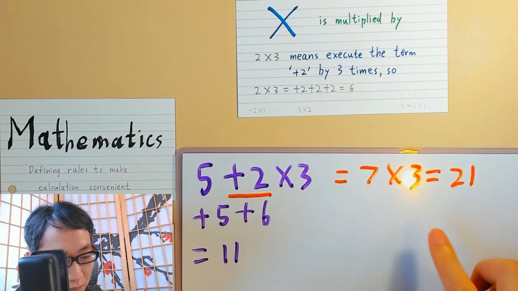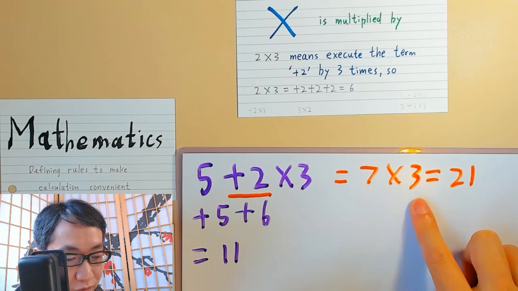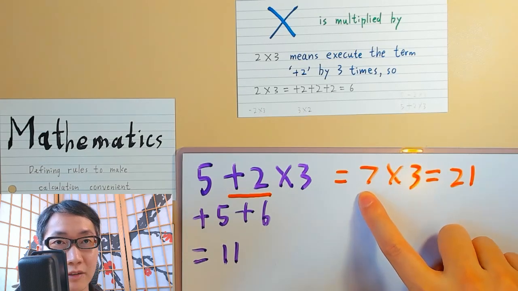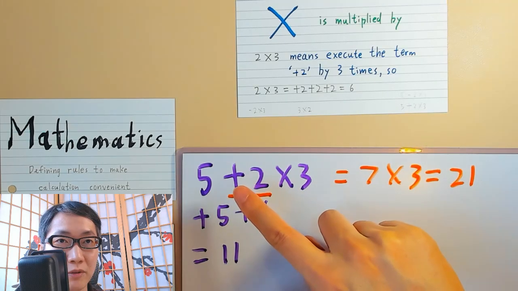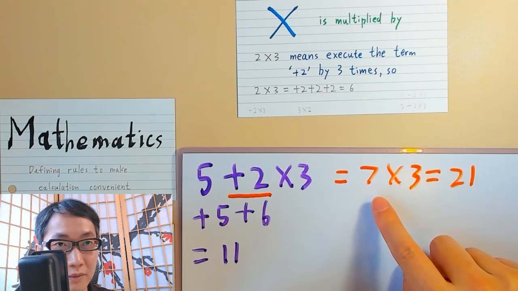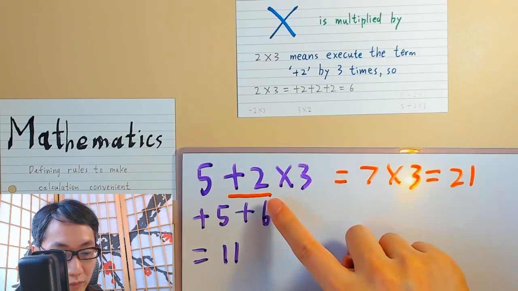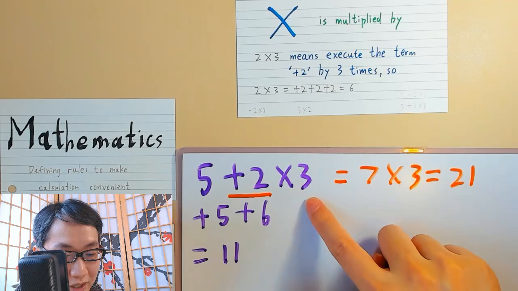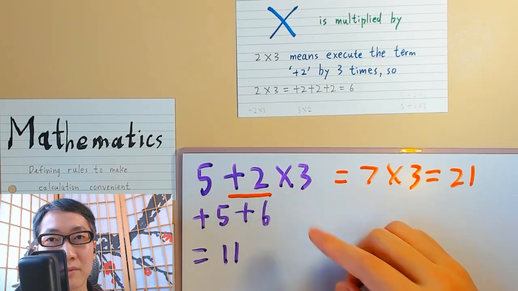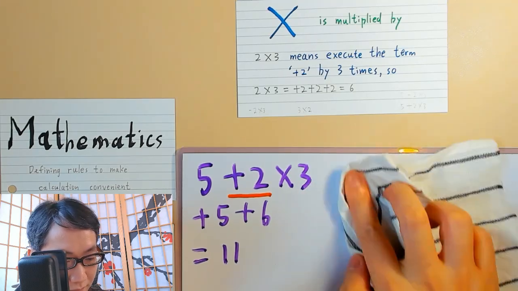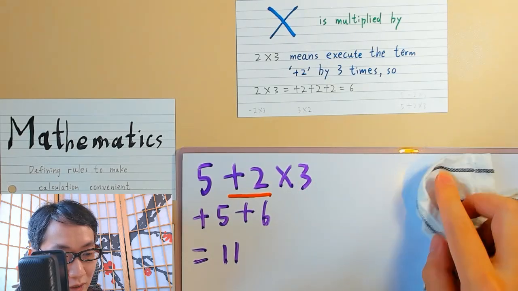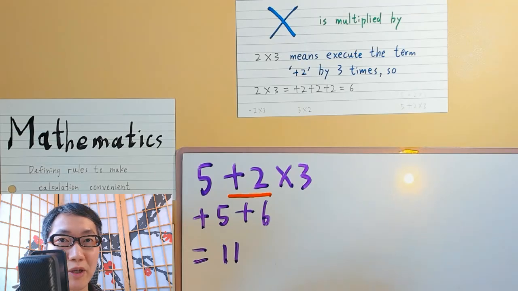And this will be wrong because this multiplied by 3 is now targeting positive 7, the sum of positive 5 and positive 2. But it shouldn't, because when we write it like this, this multiplied by 3 is targeting positive 2 only. So that's why this is wrong. And this is also why we do multiplication first, always, before addition and subtraction.